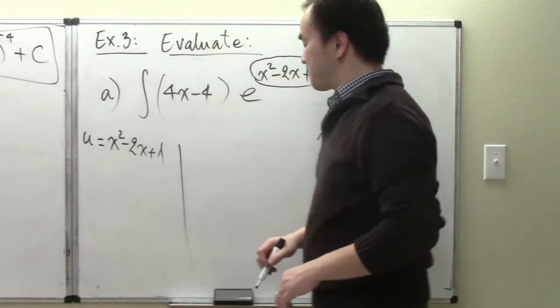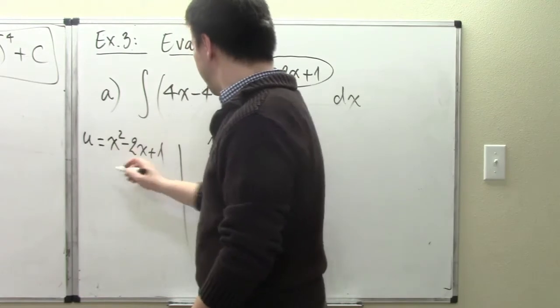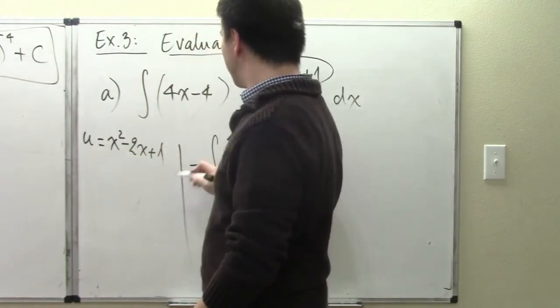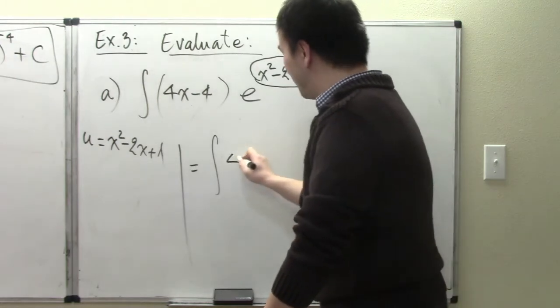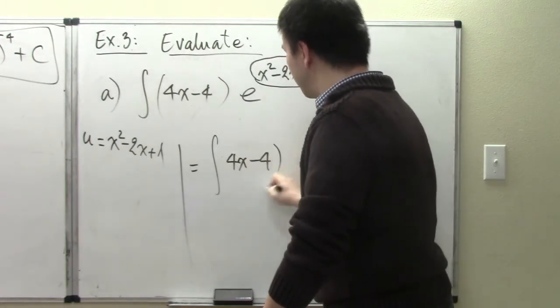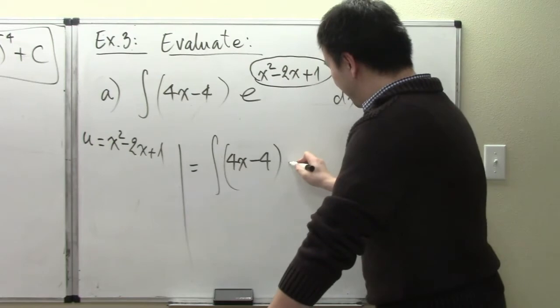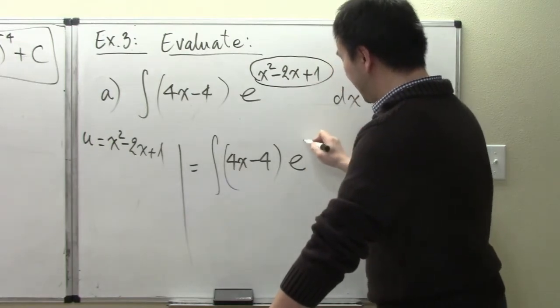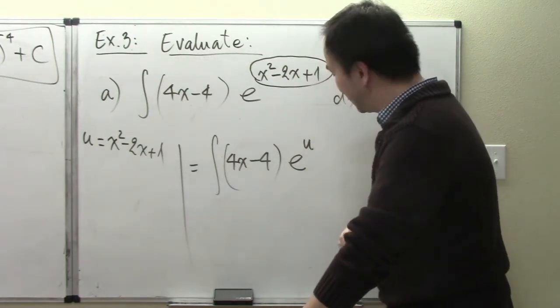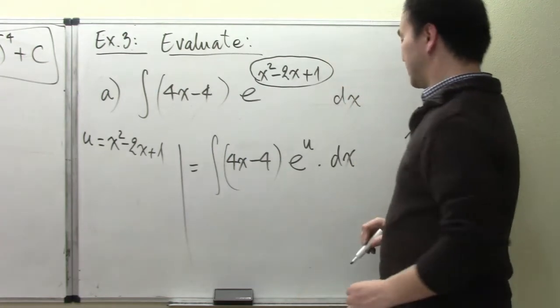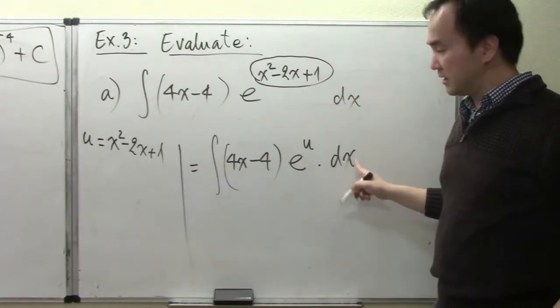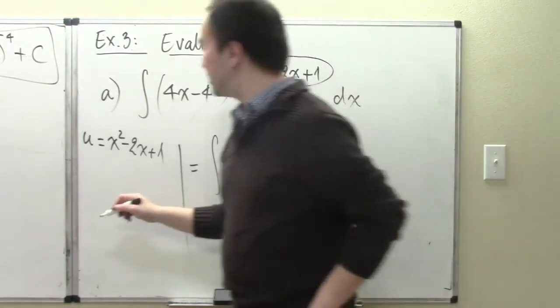And as I did in example 1, 4x minus 4 did not get any substitution. It can stay the same. All this here, e, can now be reduced to e to the u. Okay, and then the dx is still hanging up here, so I'm going to find a good substitution for that.